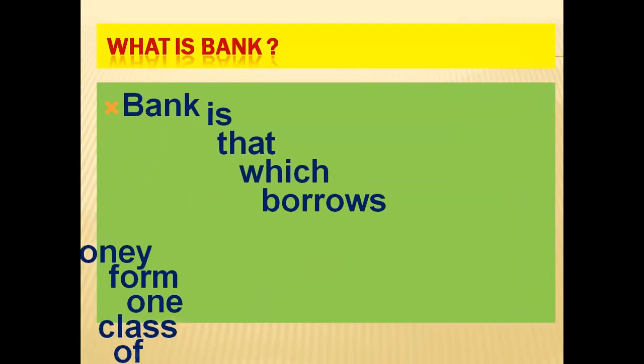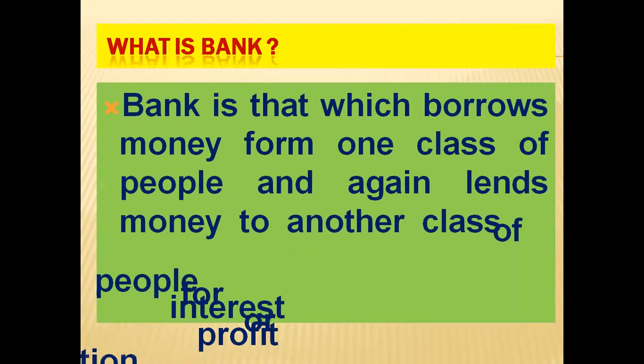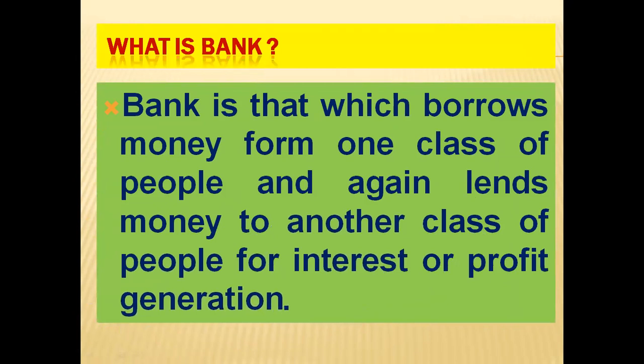So we can say that the bank borrows money from one class of people and again lends money to another class of people for interest or profit generation. When the bank gives loans to farmers, industrialists, consumers, students, and many other sections of people, such a business brings profit to the bank.